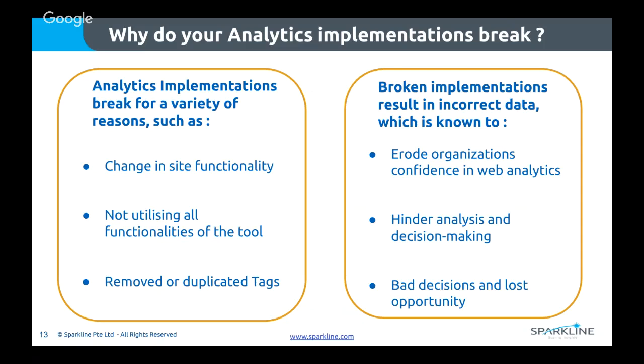And if there are removed or duplicated tags, which basically make your dependencies break, and therefore you have broken implementations, which result in incorrect data. And on the right, we have all the issues that we don't want to be facing when we are doing these implementations, tying back to survey results, as I showed in the first slide.